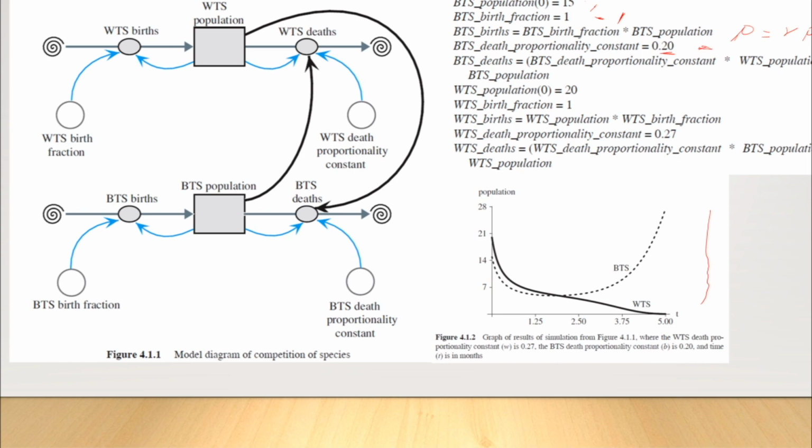And here, the BTS deaths is going to be equal to the death proportionality constant multiplied by the WTS population multiplied by the black tip sharks population, right here. So it's the multiplication of both populations times the constant. Again, for white tip sharks, you have initially 20 of them, and then the birth fraction is right here, which is 1.